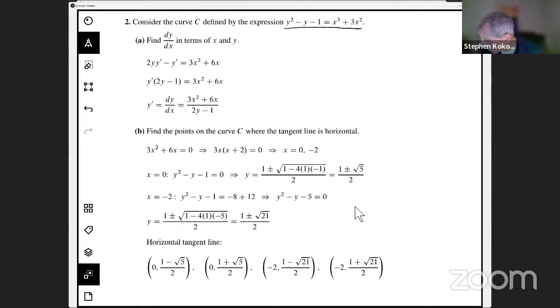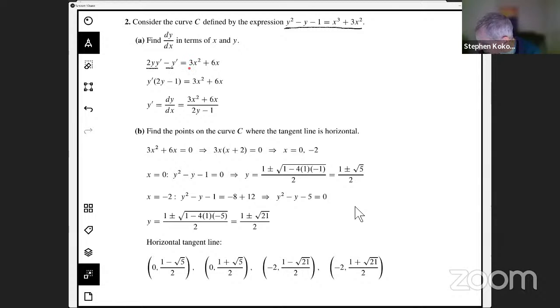So what we need to do here is recognize again that we have to use implicit differentiation. We start off by taking the derivative of the left-hand side with respect to x, thinking of y as a function of x. On the left-hand side, we've got 2y times y prime minus y prime, and the derivative of 1 is 0.